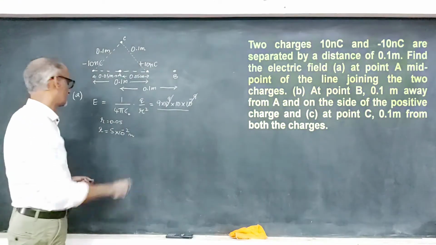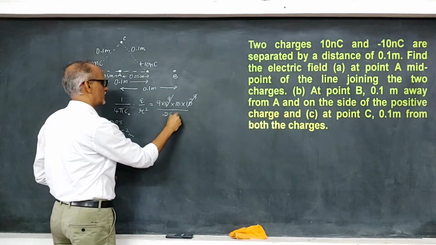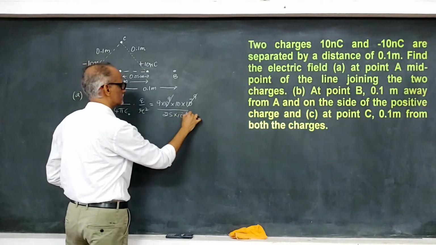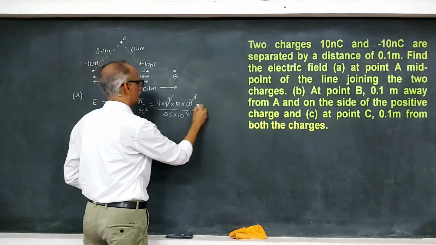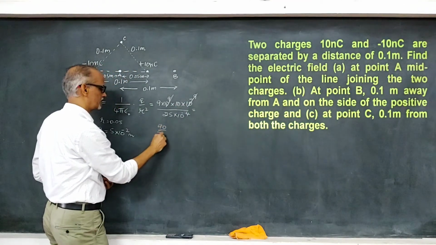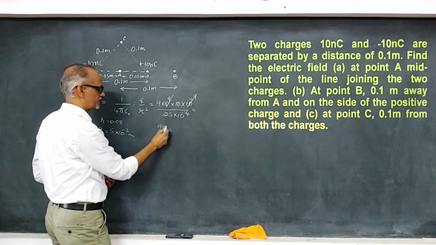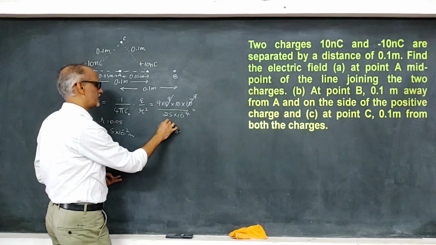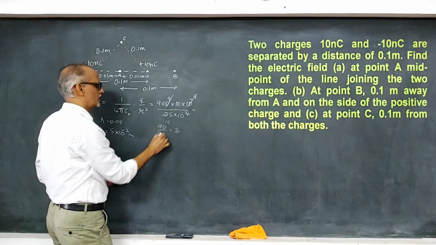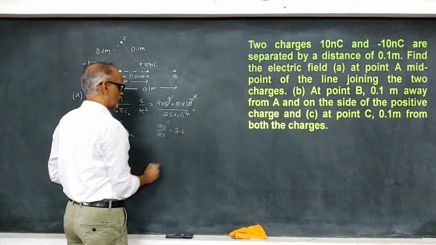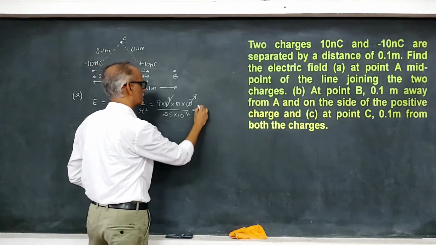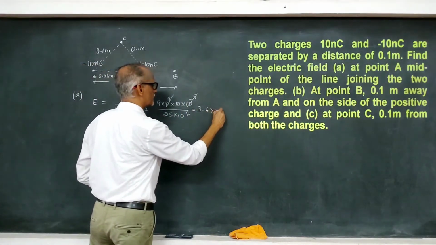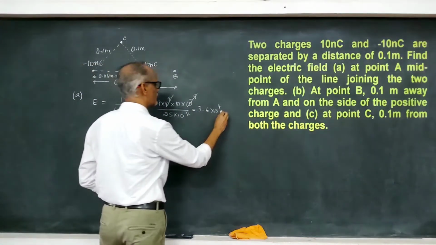So the square of it becomes 25 into 10 to the power minus 4. So we have 90 by 25. 25 threes are 75, and then we have 15 left, so 150 means it's 6 times. Therefore it's 3.6. 90 by 25 is 3.6 into 10 to the power 4. So the unit is Newton per coulomb.